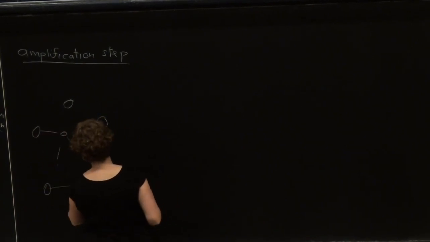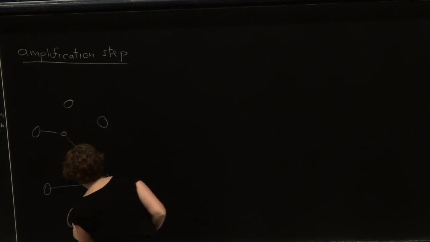Okay, so here is the amplification step, and you will see why you can think of it as a parallel repetition. So you have a graph. You have all kinds of vertices and edges and so on.